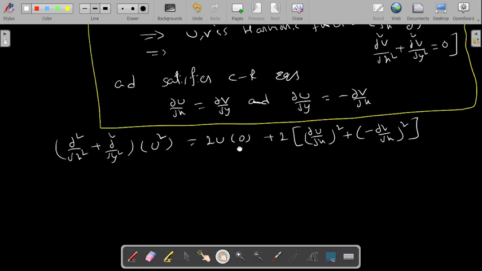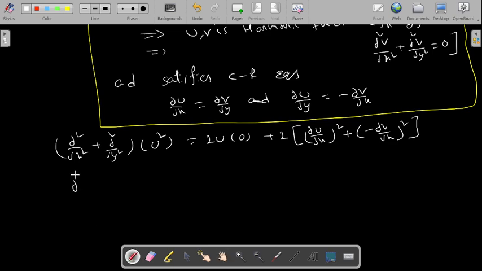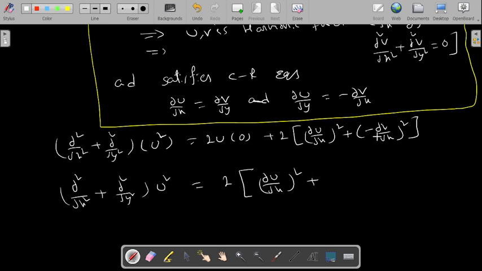So this will be ∂²/∂x² + ∂²/∂y² of u² equal to, this is 0, 2 into (∂u/∂x)², minus ∂u/∂x, which is also (∂u/∂x)². Okay, minus 1 squared we can write as 1 squared now.